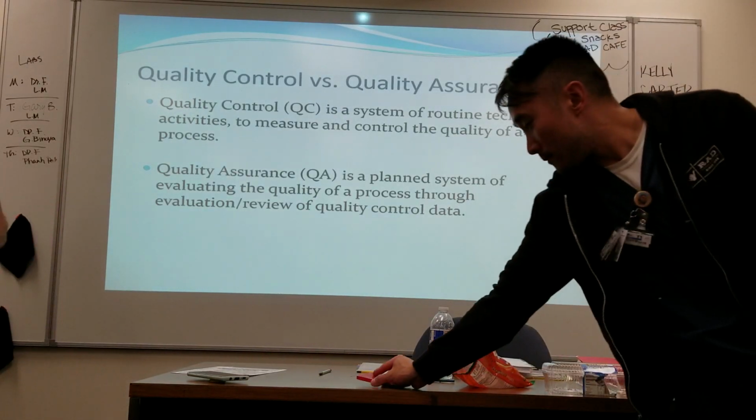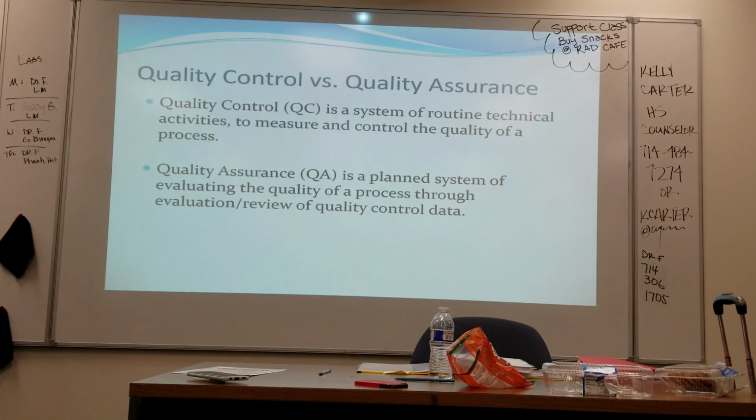The State of California and Joint Commission, as well as programs accredited by the American College of Radiology, all require that you have a documented quality assurance program, and that you can show not only that it's documented, but that you actually have test results, and you can document that those are evaluated on some regular basis.